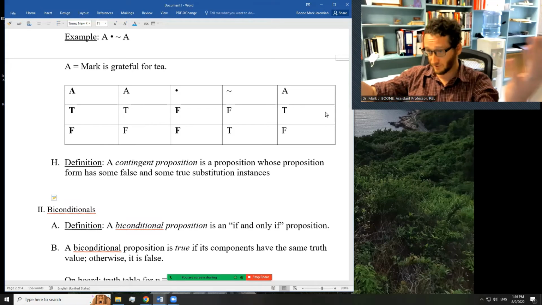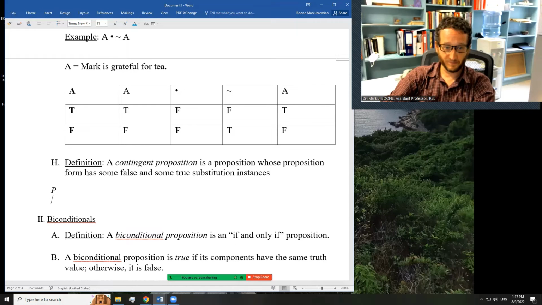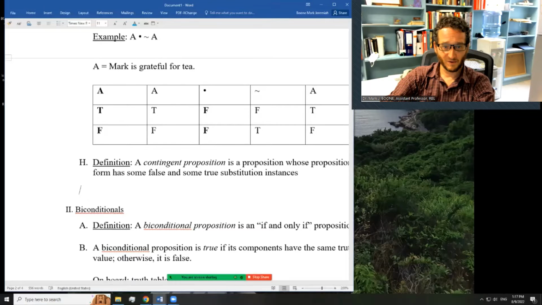In other words, some rows of the truth table will be true, some will be false. And here, there's literally an infinite number of contingent propositions. So I'm just going to illustrate the form here. In fact, I'll illustrate several in a row.